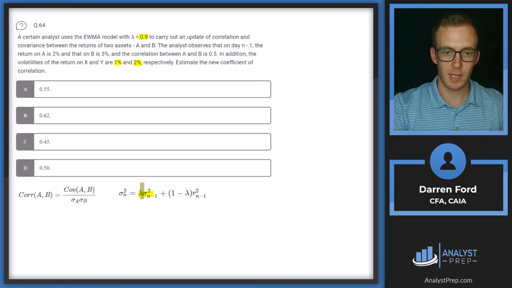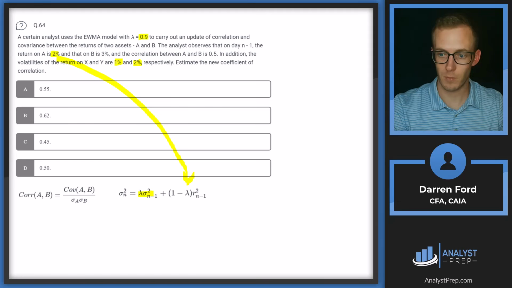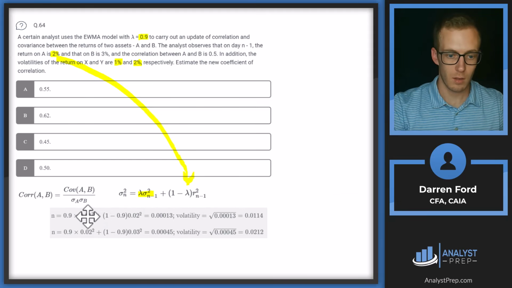And so we're going to take lambda times the standard deviation of X and then add that to 1 minus the return. So we'll be taking 0.02, and that's going to be plugged in right here.